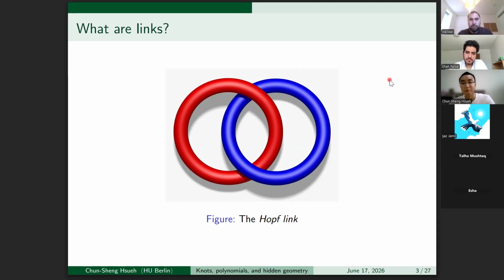So it consists of two of the easiest knots, if you like. The unknot is an embedding into S3 such that it's actually the boundary of an embedded disk. But throughout this talk, we will mainly be talking about knots, the special case where you have just one component.